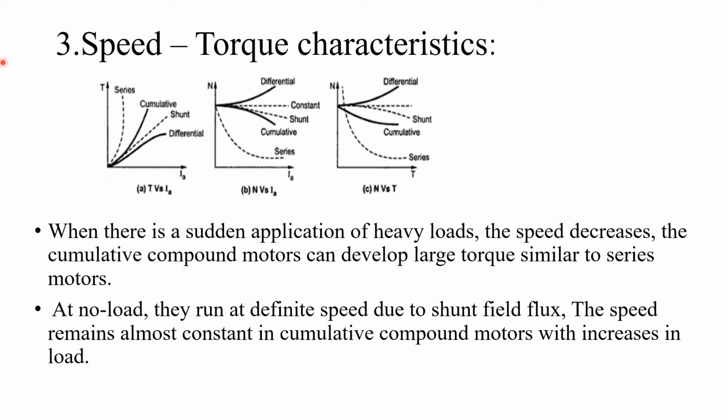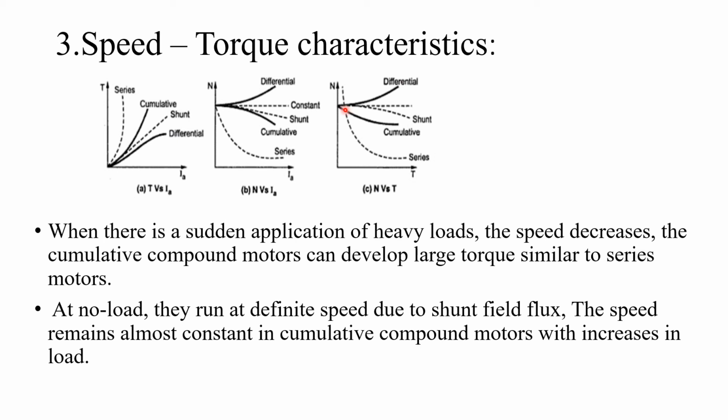Now we are going to discuss the third important characteristic of DC compound motors, that is the speed versus torque characteristics, or the mechanical characteristics. In figure C you can see the relationship between the speed and the torque for three motors: series, shunt and compound motors.